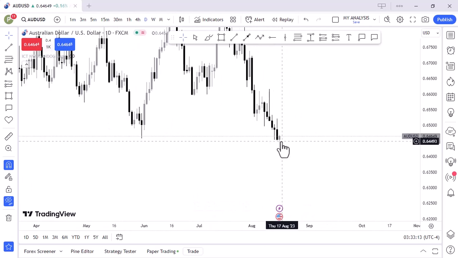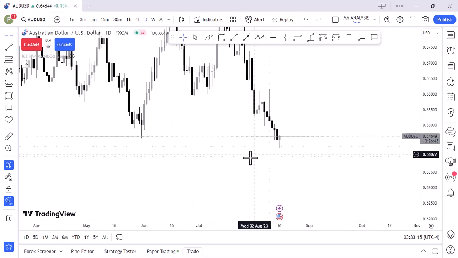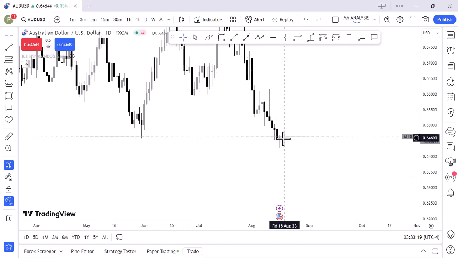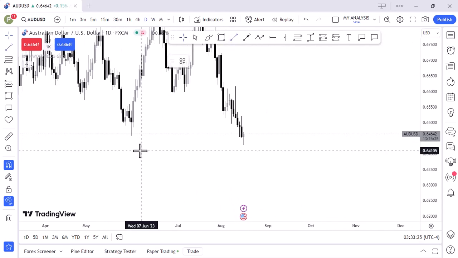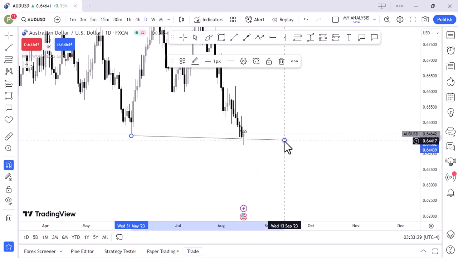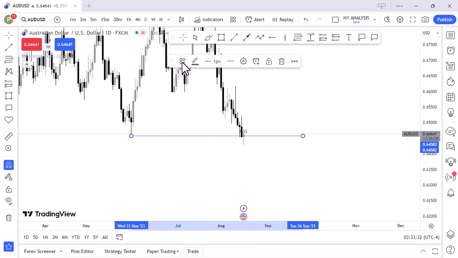I don't want to be buying at this point and then having to be taken out by the market because it's a downtrend. So with that, looking at the overall direction, as you can see here, we took out the sell side liquidity.